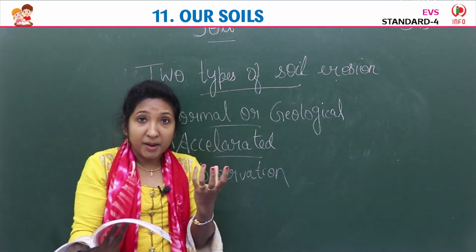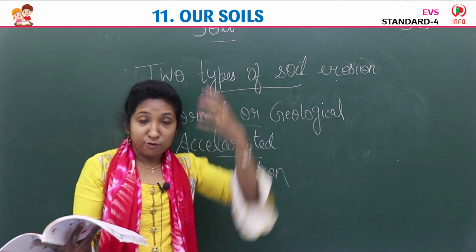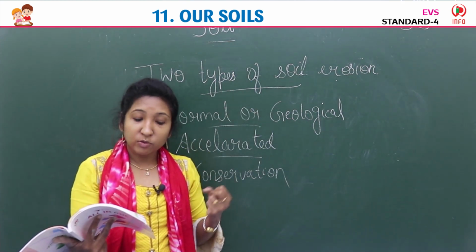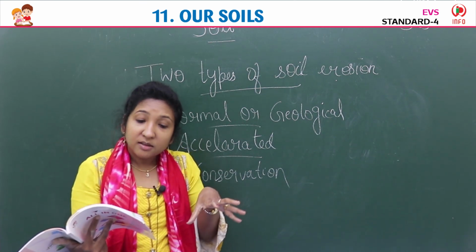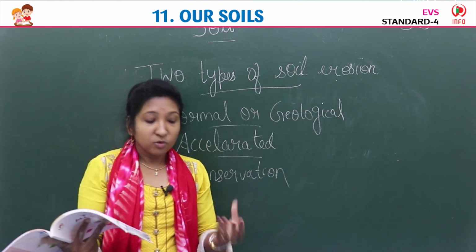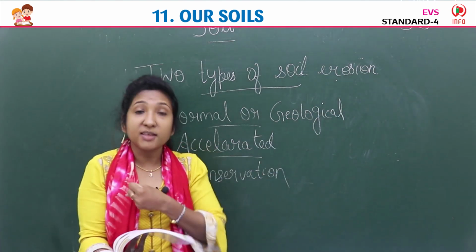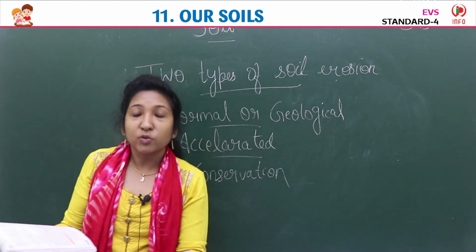Roots of trees hold the soil together and prevent the top layer from getting washed away. Roots of the plant hold the soil and prevent the top layer from getting washed away during heavy rains and all.